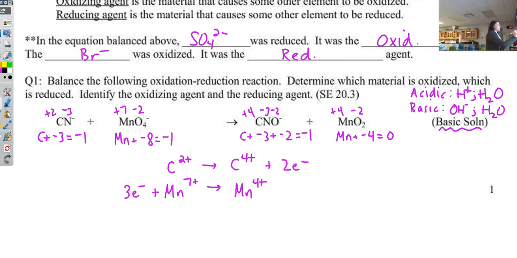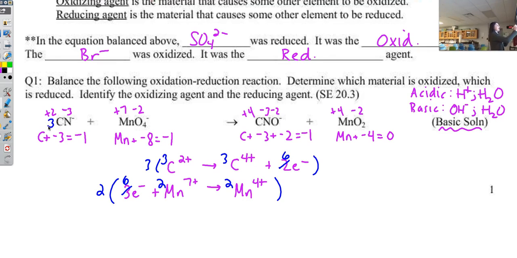So what I'm going to do is multiply this one by 3, and multiply this one by 2. Again, I like to write it above, so I'm going to put a 3, and change that one to a 6. And then this one is going to be a 6, a 2, and a 2. And so once I have this, I can go right ahead and throw these numbers right in. So I've got 3 in front of the carbon.